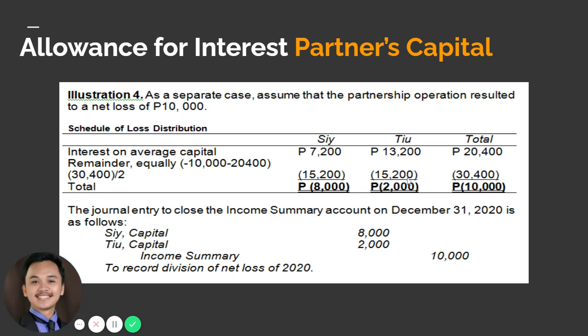So that means from the total 10,000 nga loss, that will be shared by C for 8,000 and Chu for 2,000. And the journal entry to close the income summary account on December 31, 2020 would be debit to C and Chu since there's a loss of 8,200 and then credit to income summary of 10,000.